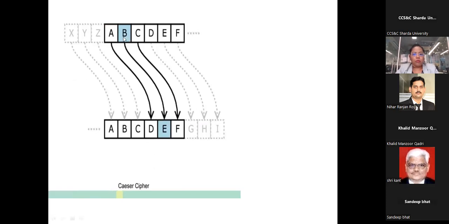A is replaced by D, B is replaced by E, and C is replaced by F. So each letter is replaced by the third letter after it. In this way, you get a simple substitution cipher, and generally it was called a shift cipher. That was the beginning. But later, this shift cipher was given a proper working definition, and we call it an additive cipher. A mathematical definition has been given to it.